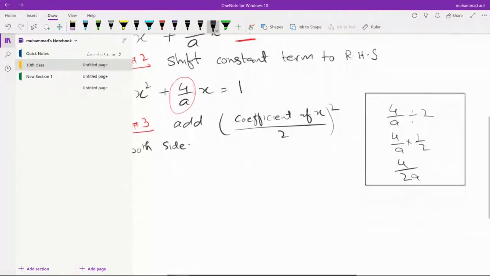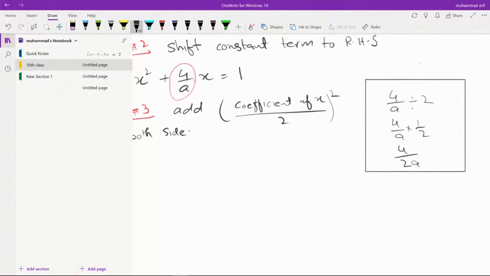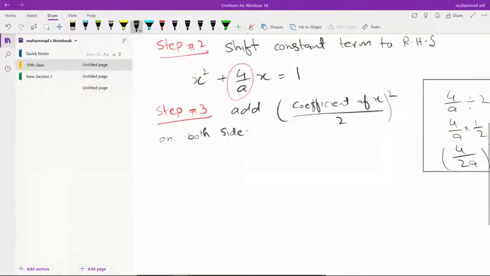And by taking square on both sides, we have 4 by 2a square. So we add 4 by 2a whole square on both sides.